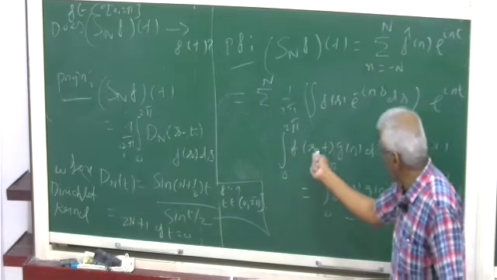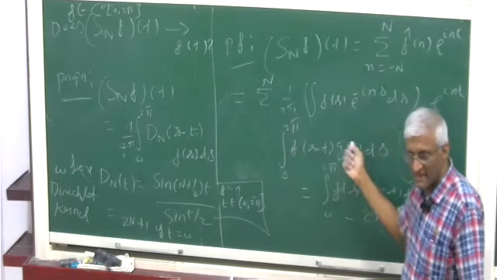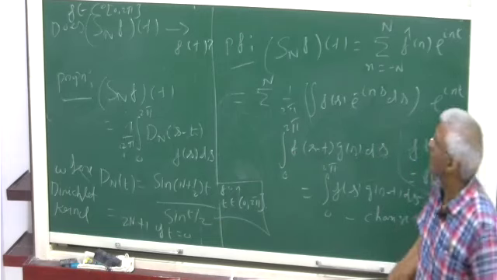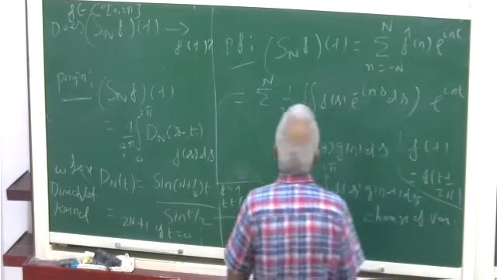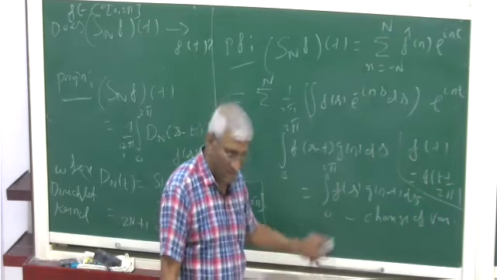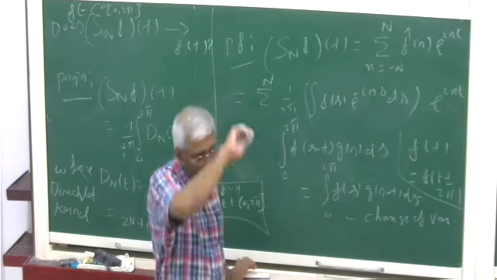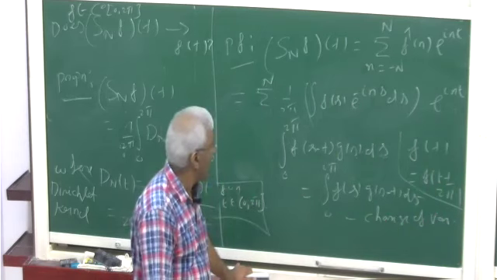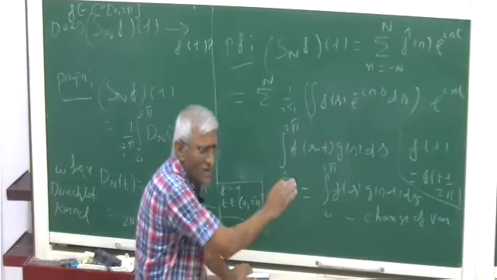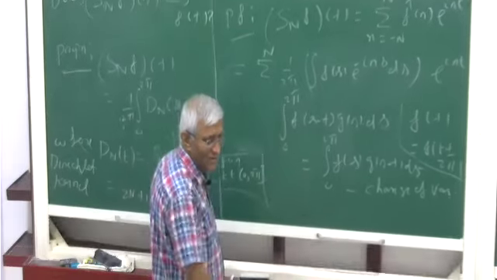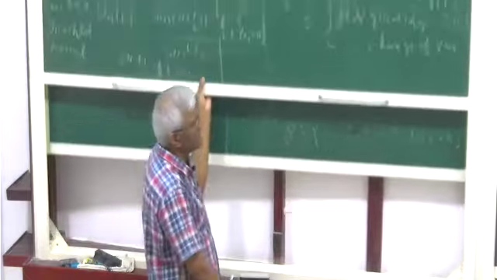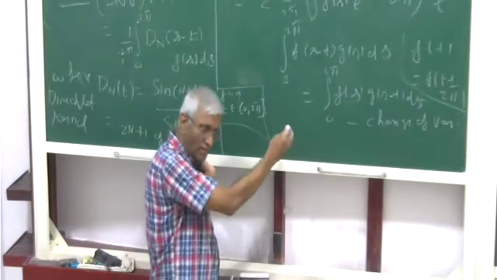It cannot be plus; this is the logical conclusion. This just says that the so-called convolution is commutative.